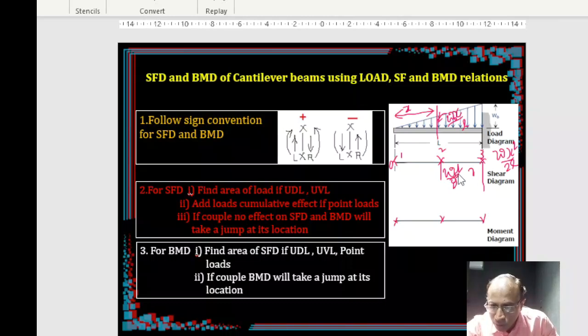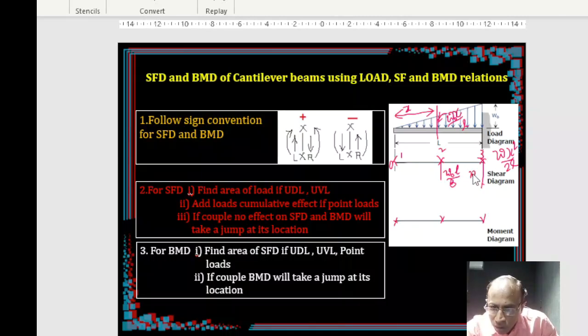I have taken W, but the original loading is W naught. W naught L by 8, right? That's what we got here. And here the ordinate is going to be W naught L by 2 only.